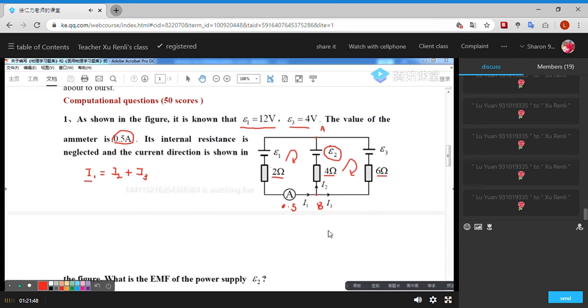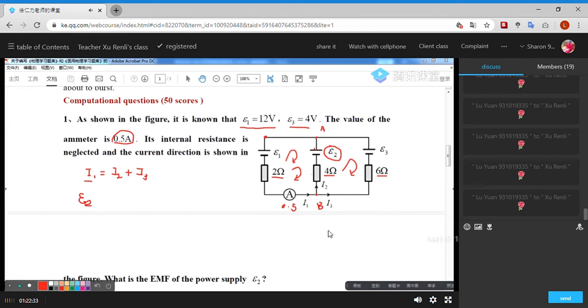And the other 2 equations are from Kirchhoff's voltage law. For the left loop, let's start from here, and our loop direction is clockwise. First we touch the positive plate of this battery, so it's epsilon 2.